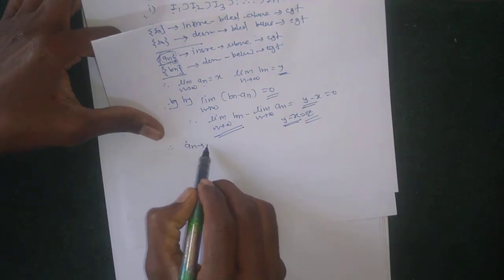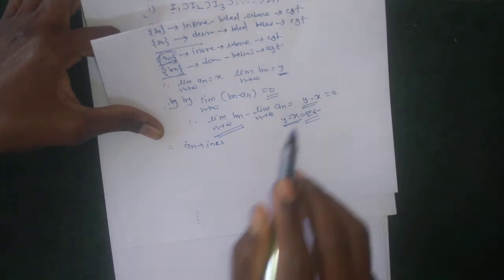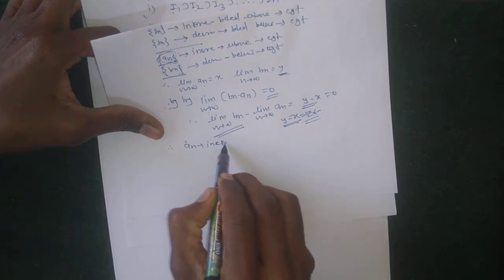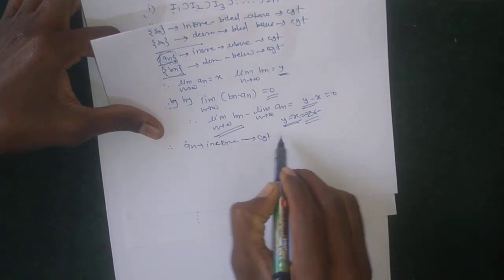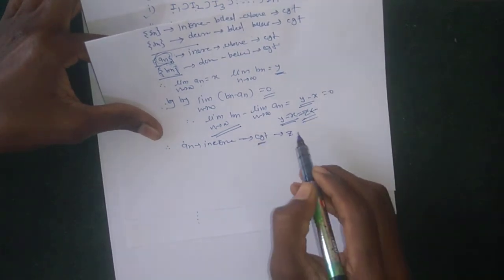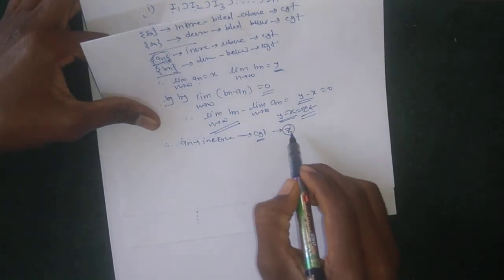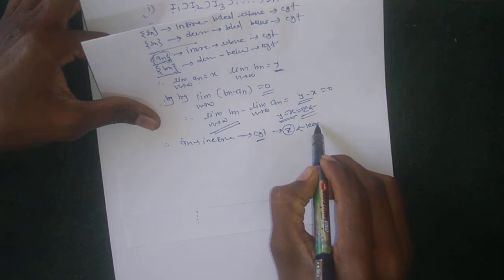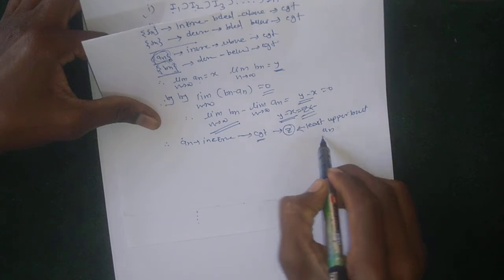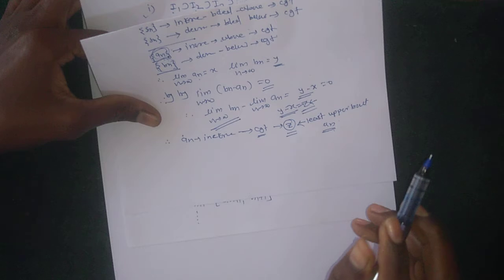Sequence an is increasing and convergent, with limit z, which implies that z must be the least upper bound of the sequence an.